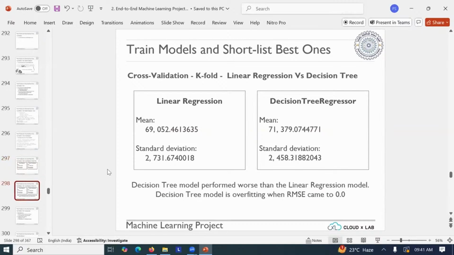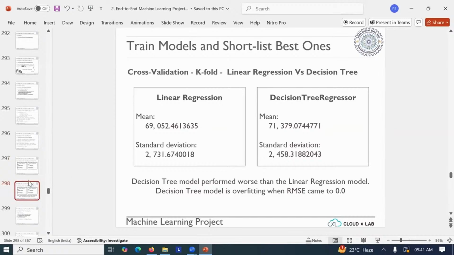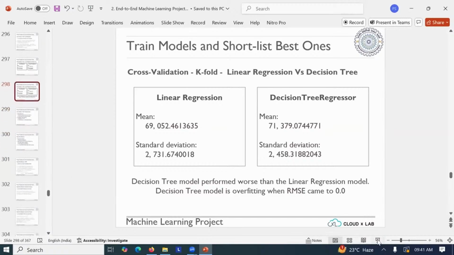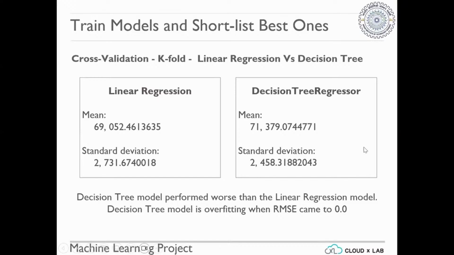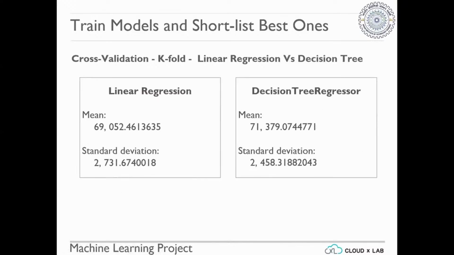When you say the error is high for linear regression, high means what? From which benchmark are we considering? No, we cannot say anything because it depends on what we are predicting. If you are predicting a number in millions, then the error will definitely be high. But if you are predicting a number of the order of 10 raised to power minus 5 or minus 6, then the error will definitely be low, right?